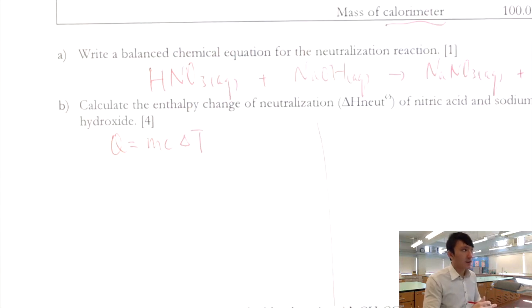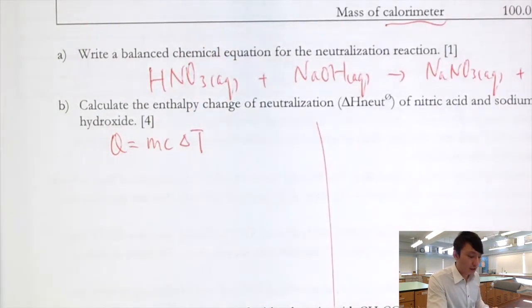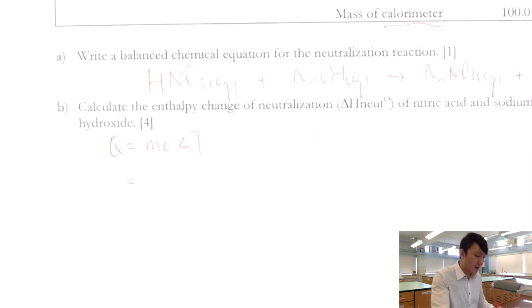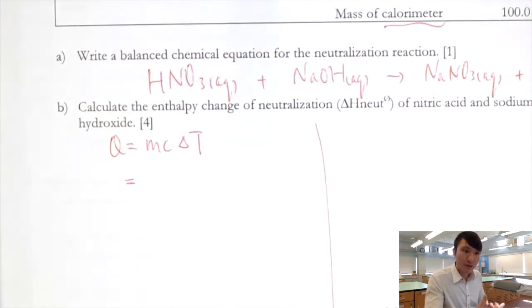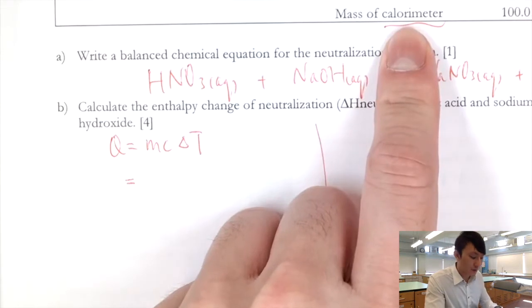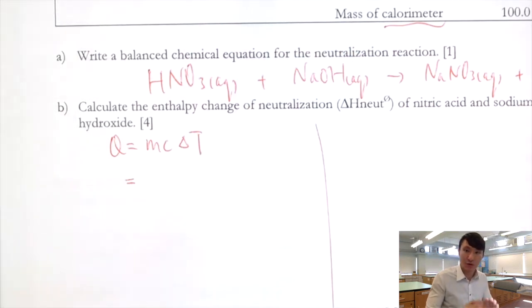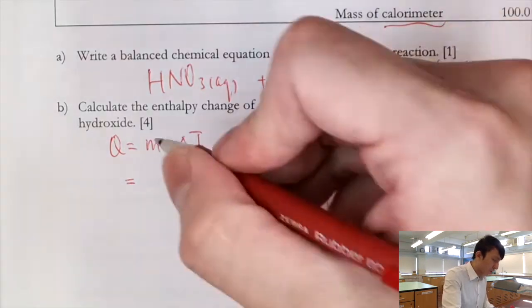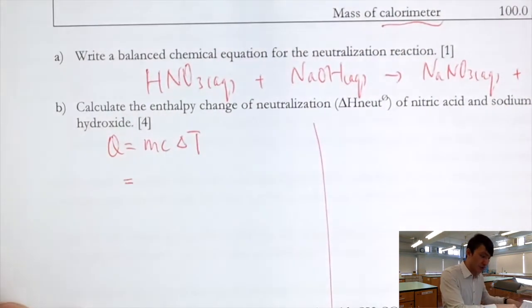Now, this time you need to pay attention because we are not simply looking at the mixture, but also we have to take into account the calorimeter. So here, actually, the heat released is not only absorbed by the total mixture, but it is also absorbed by the calorimeter. So that's why here there are two mc delta T's. I used two different colors to show you.